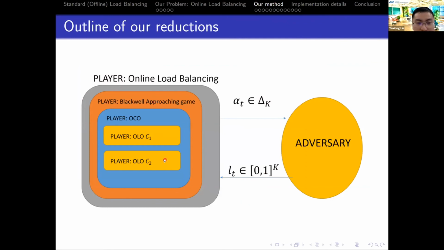We can say that the adversary in the online load balancing game keeps the same, while the player of online load balancing is reduced from the Blackwell approachability game, down to two separated OL games, C1 and C2, with some reduction parts in between. Okay, let's come to the first reduction, from online load balancing to the Blackwell approachability game.